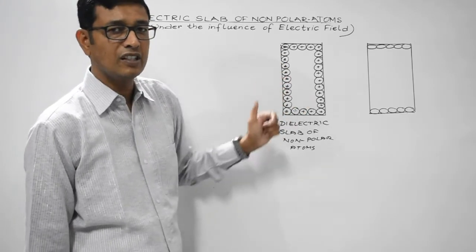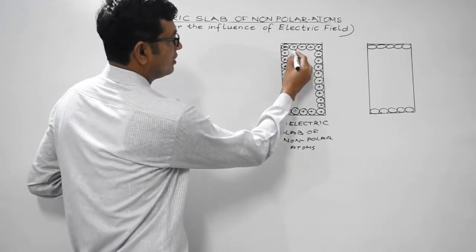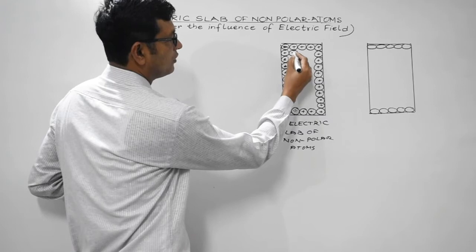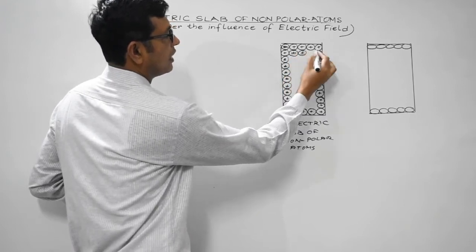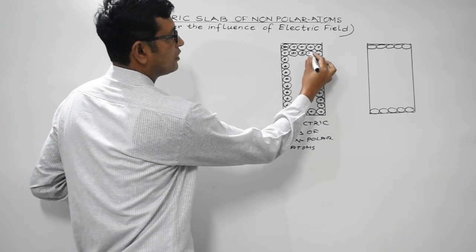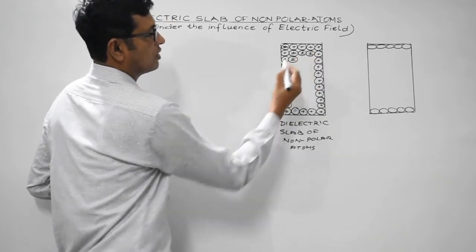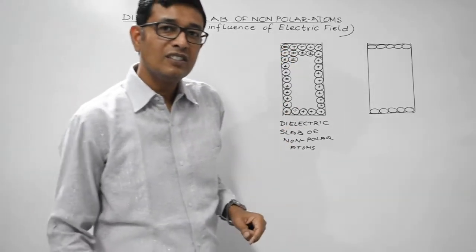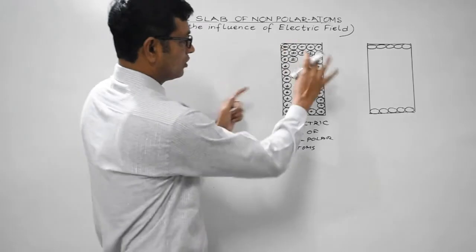It's perfectly spherical. So as a result, the center of gravity of the positive charge and the negative charge coincides due to the symmetric charge distribution. So each atom possesses zero dipole moment. Right?